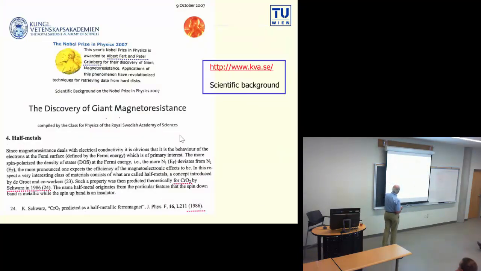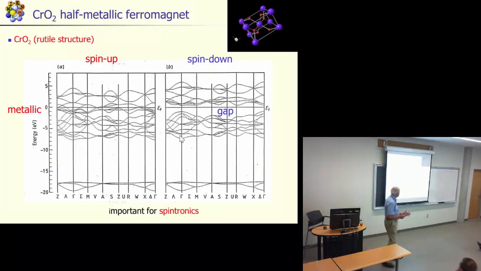They received the Nobel Prize for the magnetoresistance. And in this Nobel Prize committee, they also quoted one of my papers on chromium dioxide. I like to show you this background to show you there is a strange situation that can happen in chromium dioxide.